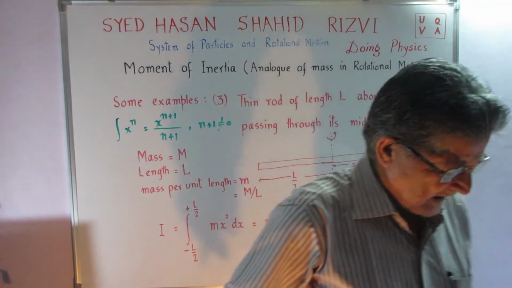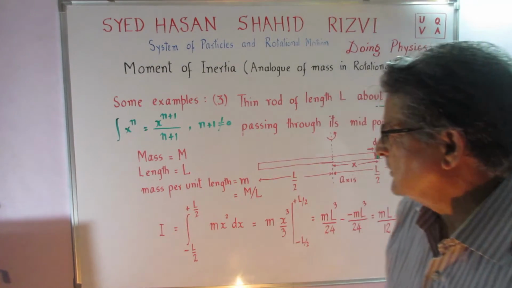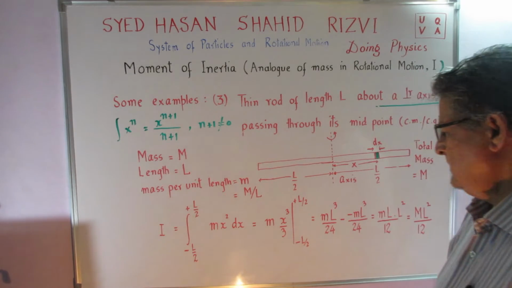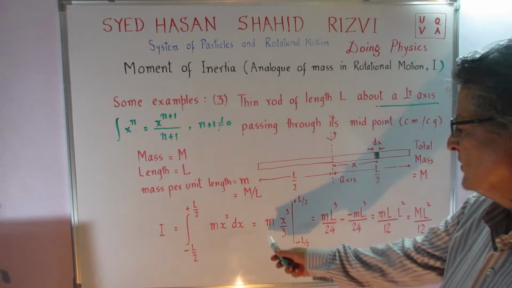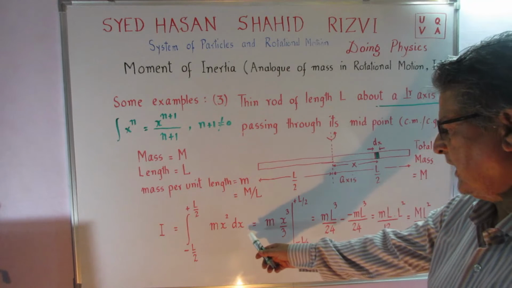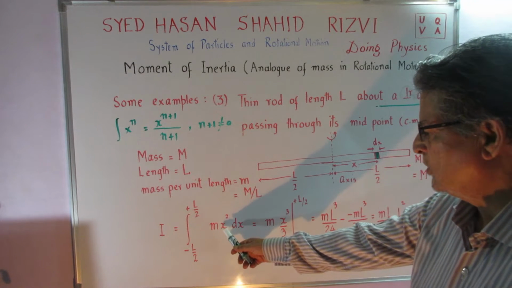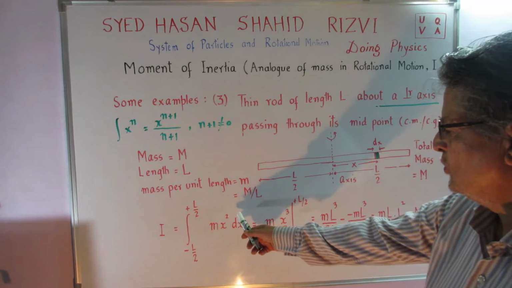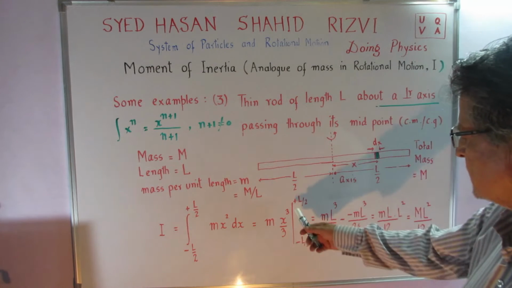Using this relation, which we have been using time and again, I can see that m is a constant and the integration turns out to be x to the power 2 plus 1 divided by 2 plus 1, which is x cubed by 3.